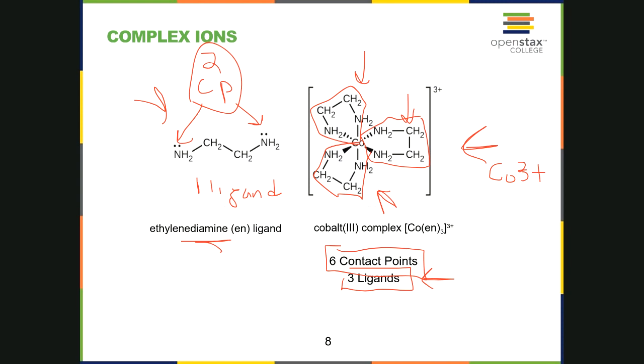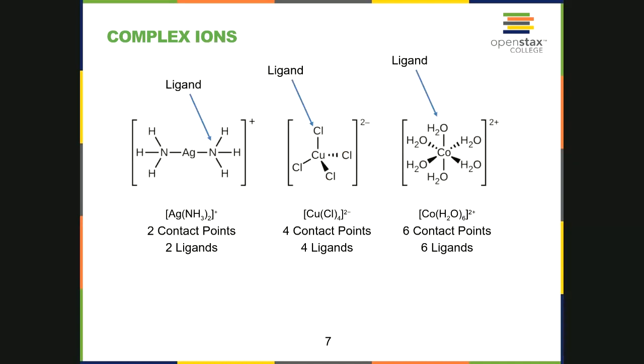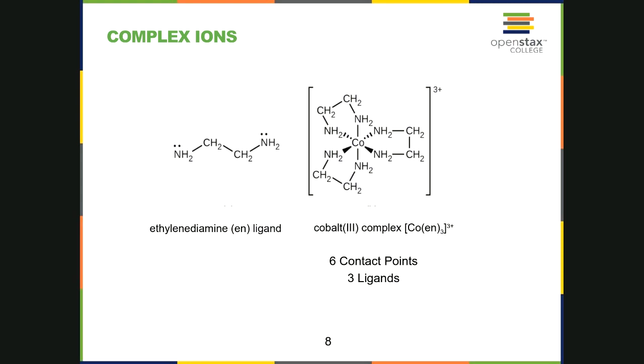So now going back to the previous slide for a moment, we can see that you can have 6 contact points. They can come from 6 ligands, or as we see over here, they can come from 3 ligands. So what really matters is the number of contact points, not the number of ligands.